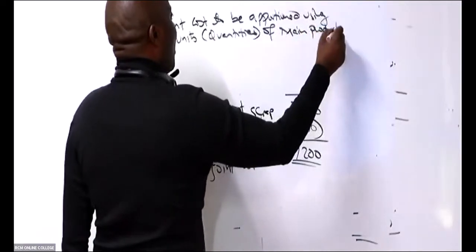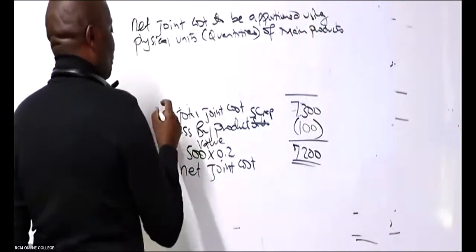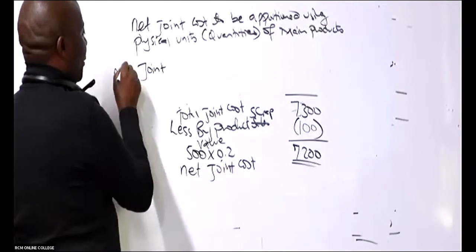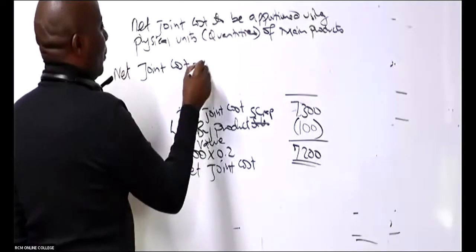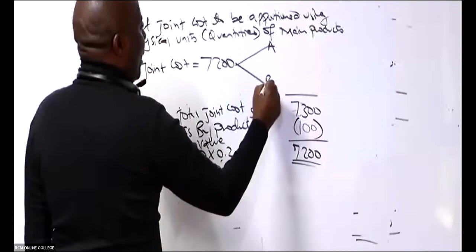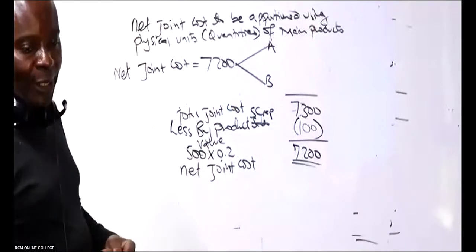Don't use byproducts. So we have our net joint cost, which is 7,200, and we have two main products, A and B.